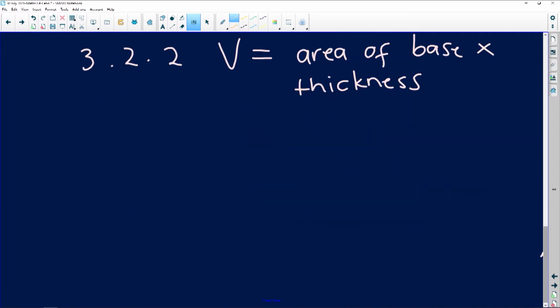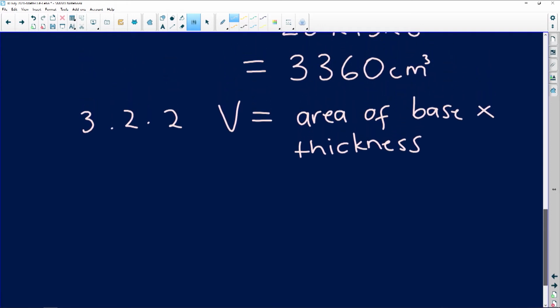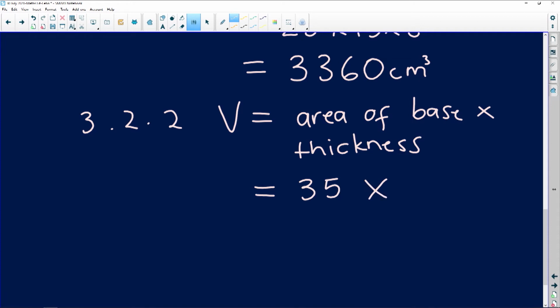Don't sit there and think, oh my gosh, because sometimes the textbooks we use don't use thickness, they use height. The area of the base we've been given is 35. So we know that's 35 centimeters square. Times thickness.